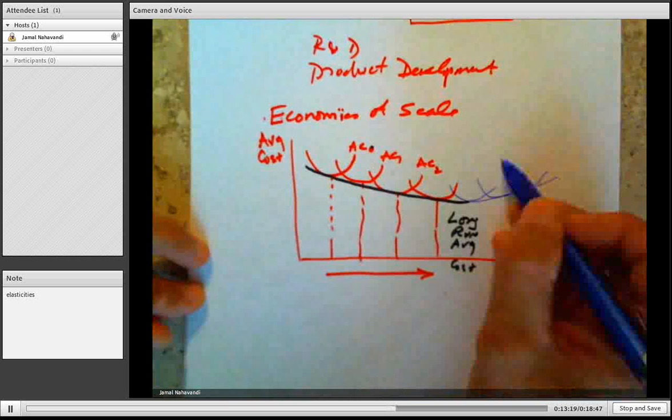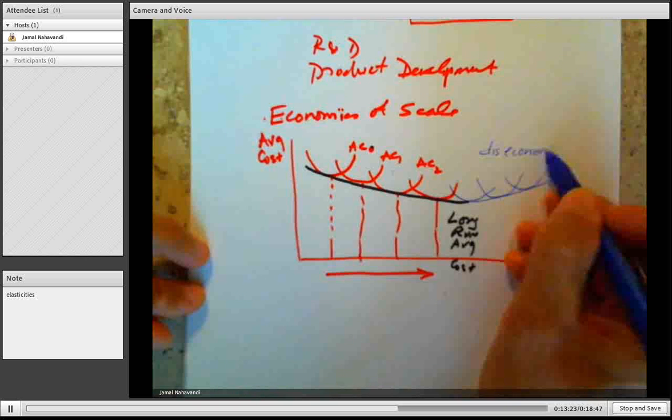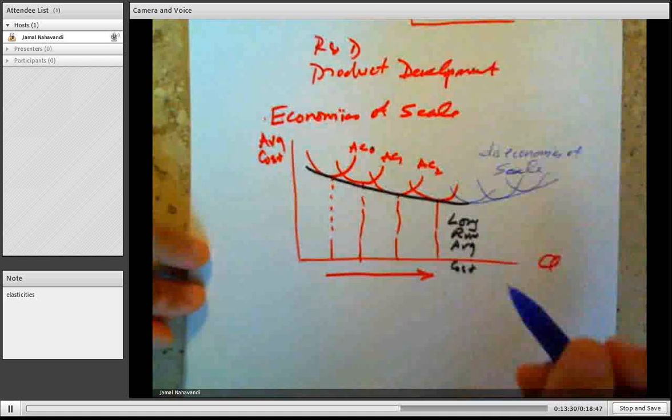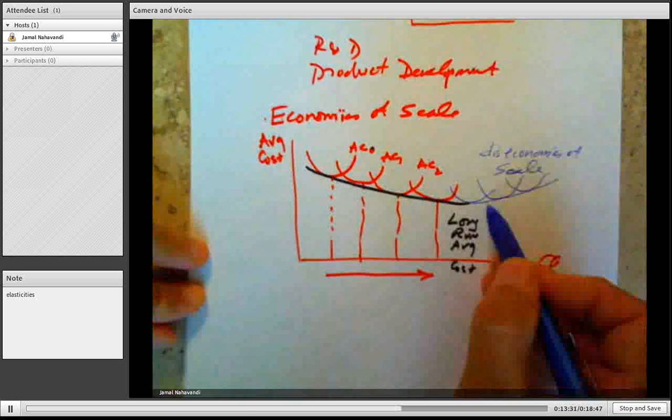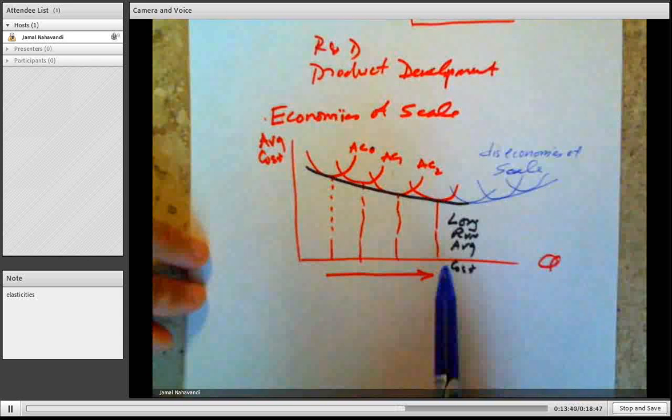We usually refer to it as diseconomies of scale, meaning the firm has grown too large, and then the long run average cost is creeping up as a result. So there is no definitive answer in terms of the size of the operation and efficiency.